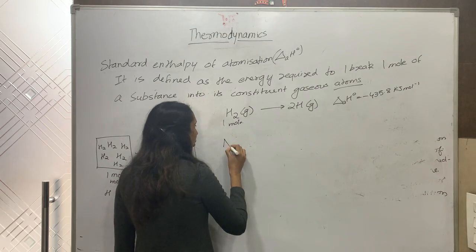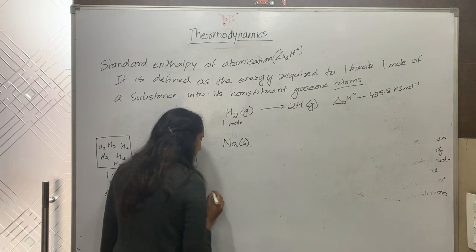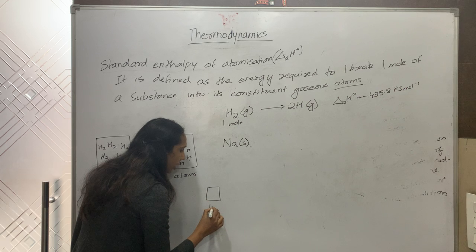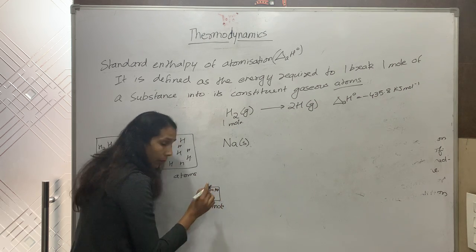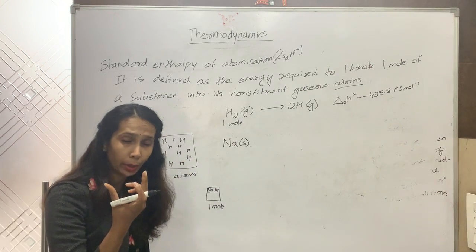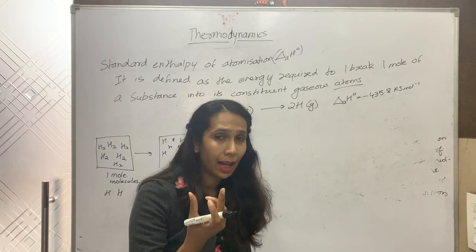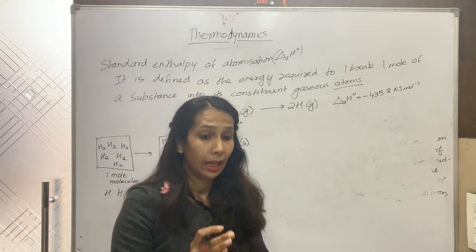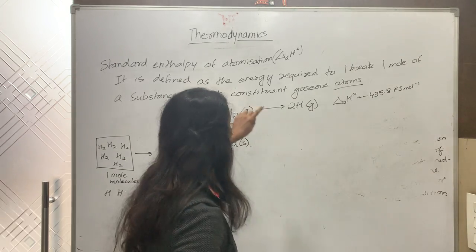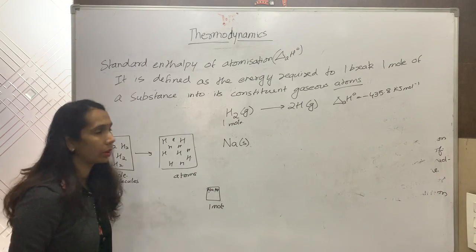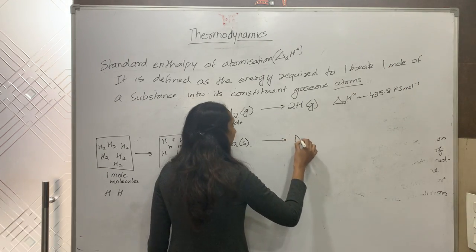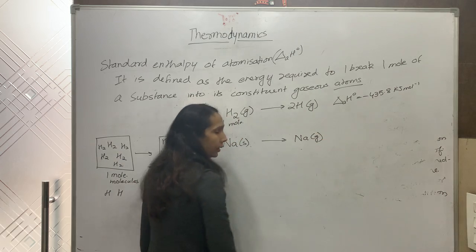Same way, if I take sodium, solid, I take a piece of sodium. कितना सोडियम है? 1 मोल. कितने atoms present होंगे इसमें सोडियम के? 1 mole. But it is solid. Sodium is a metal. You know it is solid. And how much I have taken? 1 mole. Now it is solid and I have to convert it into its constituent gaseous atoms. So I have to give heat and it will break into sodium gaseous atoms.